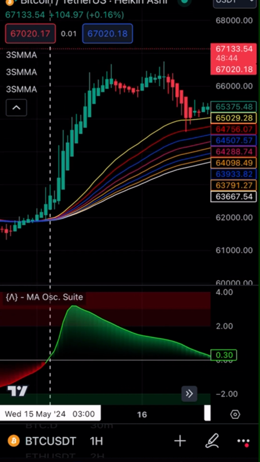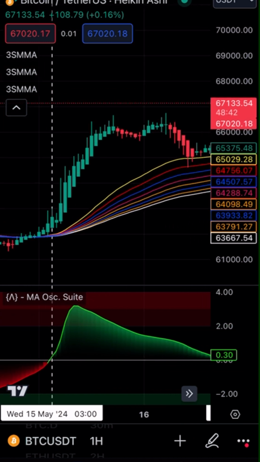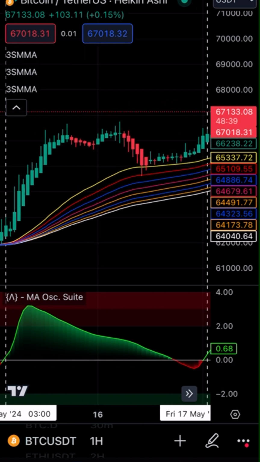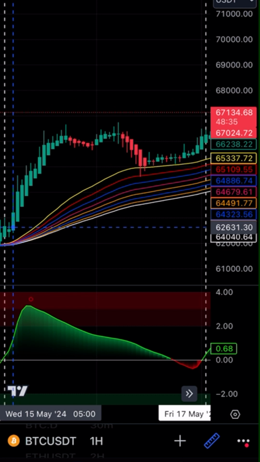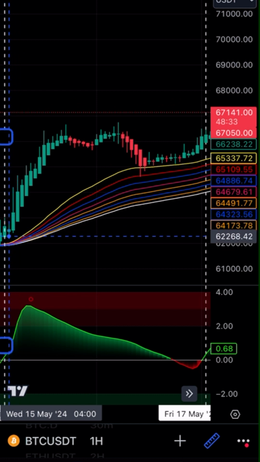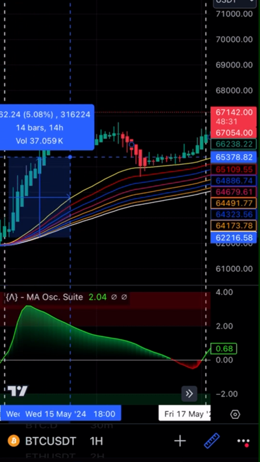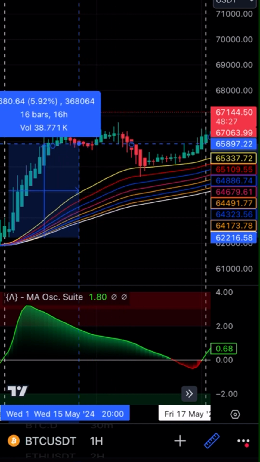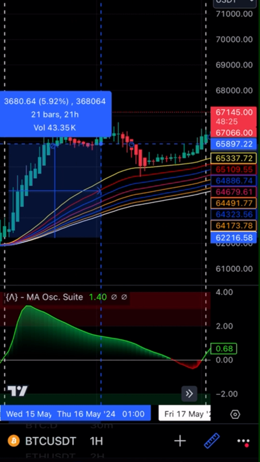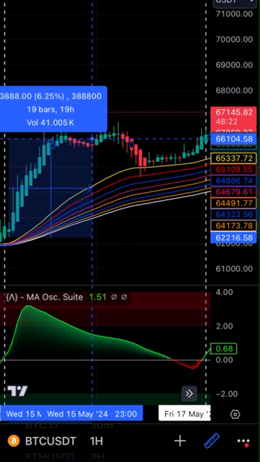So let's check this other one here. This one looks like a bigger move. So if we came in when it crossed, which is right here, we wrote it out. Now, just because the green on the regularized moving average suite is getting smaller does not mean that you need to get out of your trade.